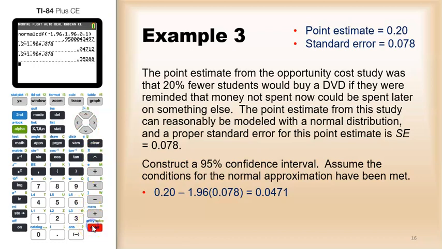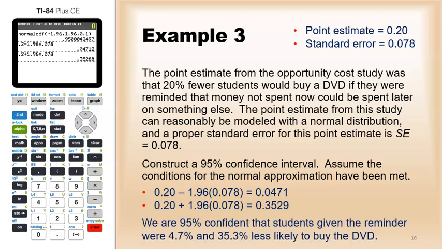Okay. Now the plus version is about 35%. So we are 95% confident that students given the reminder were between 4.7% and 35.3% less likely to buy the DVD.